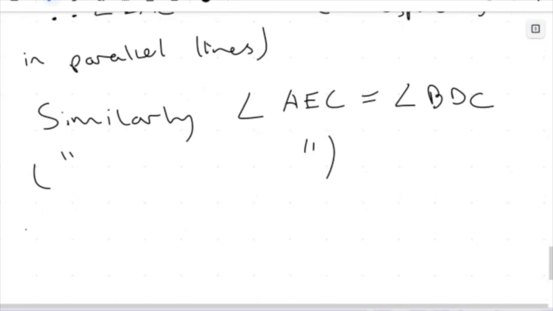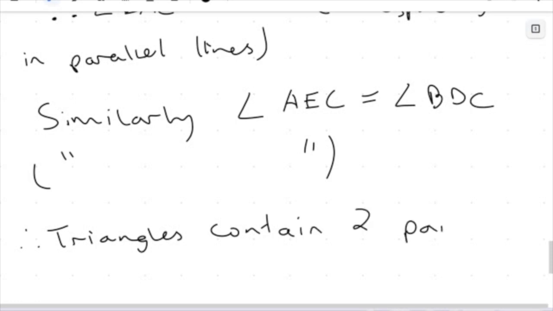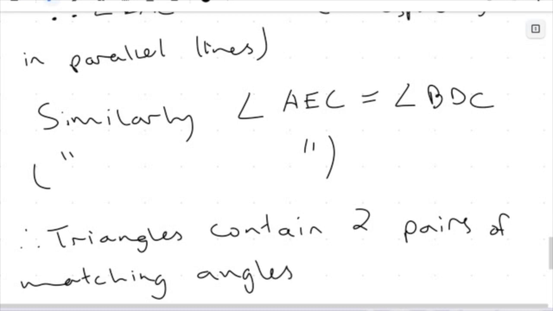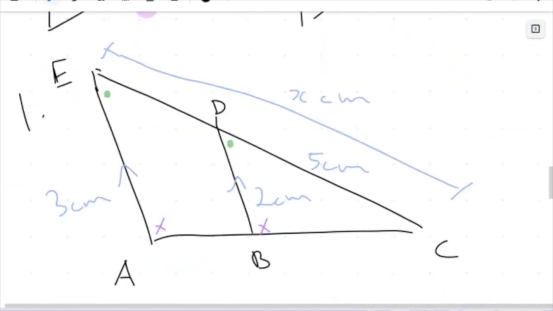So therefore, the triangles contain two pairs of matching angles. And that is all we need. We just need two matching angles.